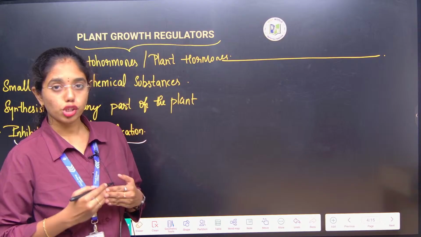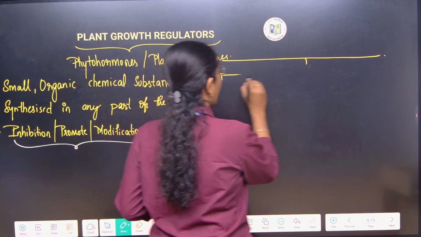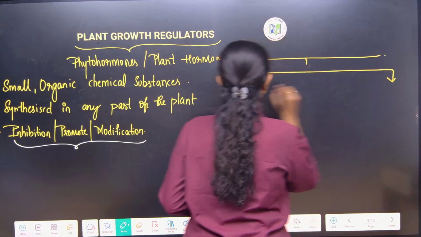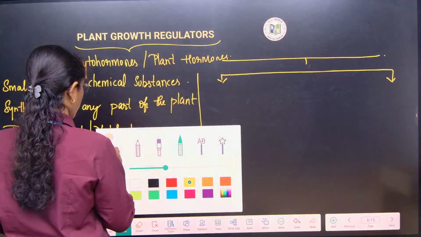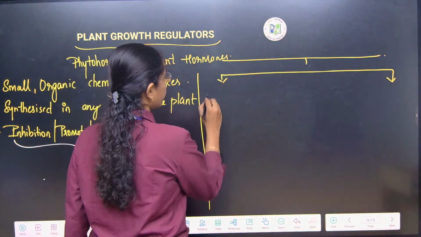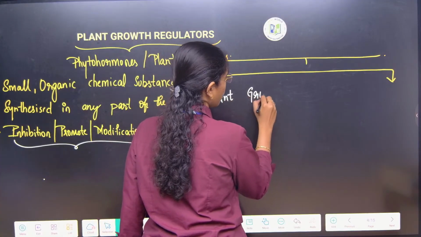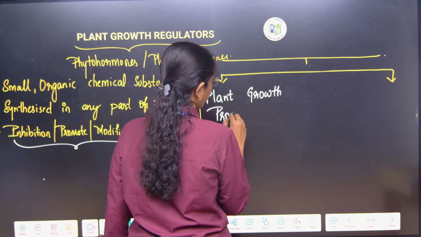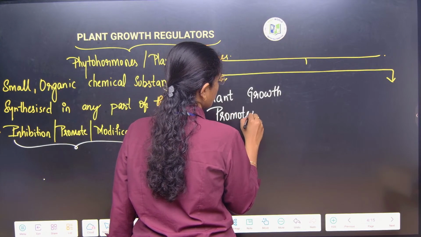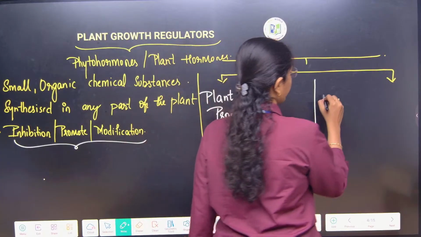Based on their functional role, plant growth regulators are classified into plant growth promoters and plant growth inhibitors.